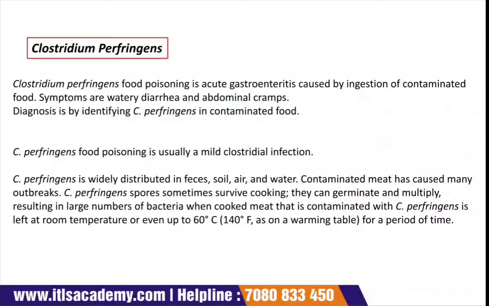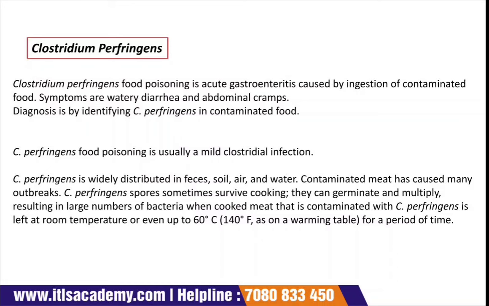Now then there is Clostridium perfringens. Clostridium perfringens food poisoning is an acute gastroenteritis caused by an infection from contaminated food. Every pathogen attacks your gastrointestinal tract.